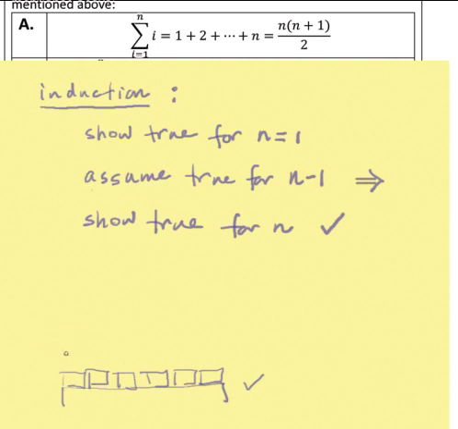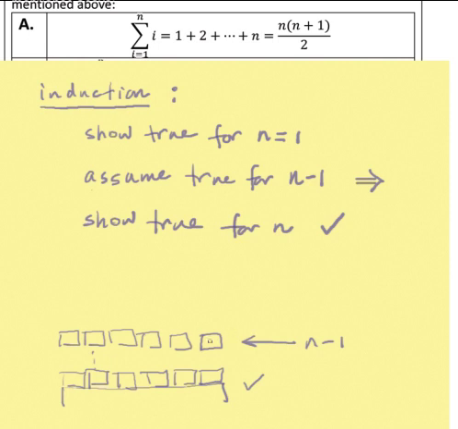In other words, assuming true for n minus 1 is analogous to this: there might be layers in between, and if the n minus first layer is there, then we're going to show that the person can build the next layer on top.